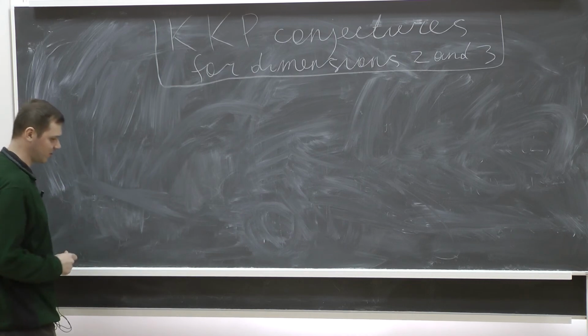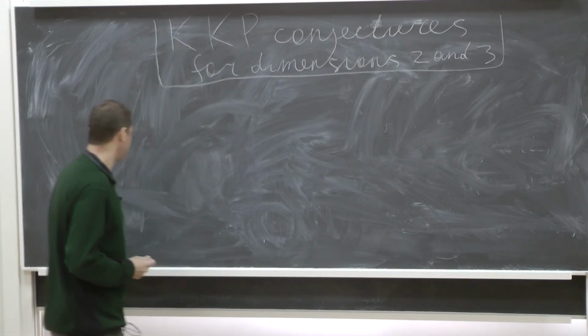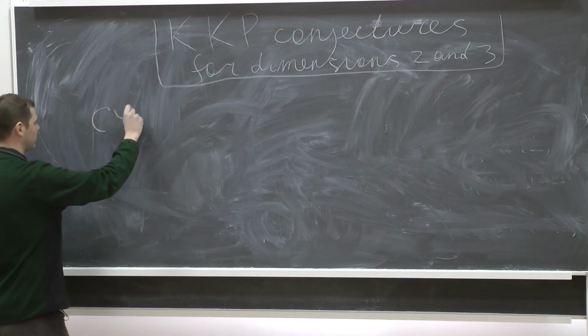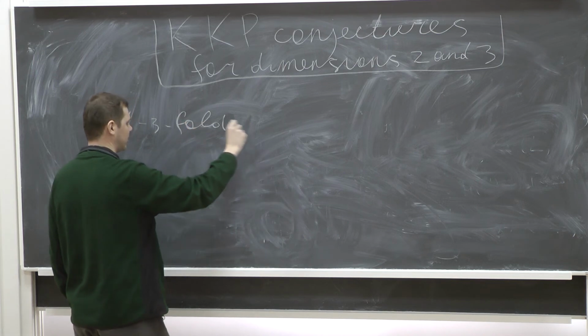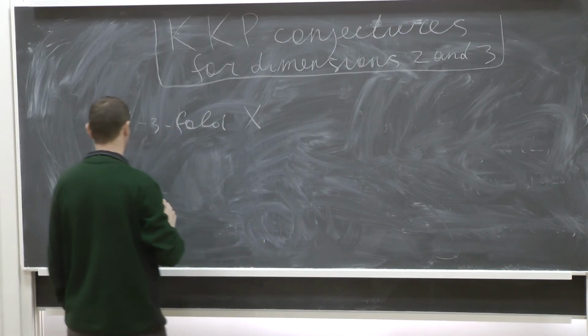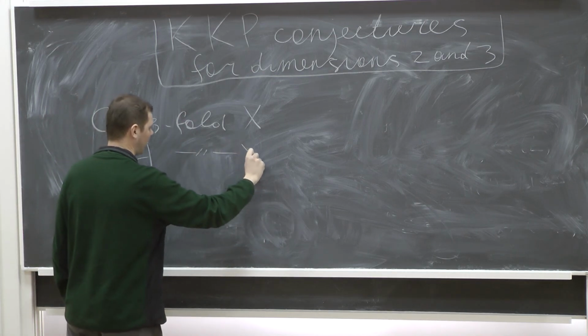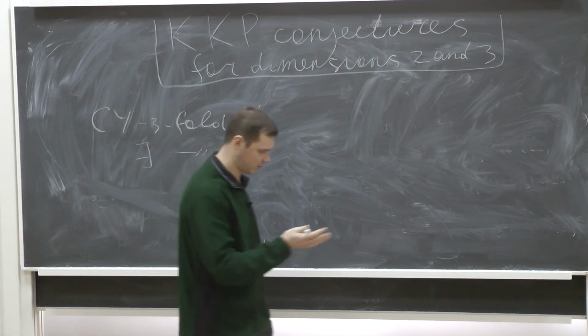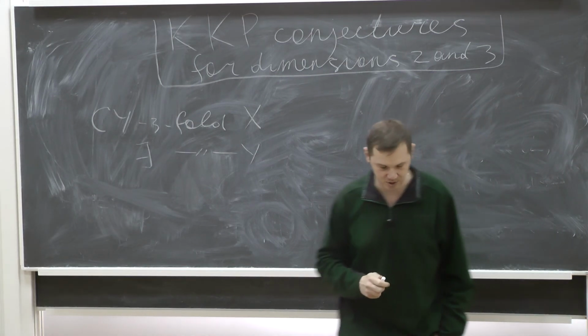From the very beginning, mirror symmetry started from the observation that if we have a Calabi-Yau threefold, say X, there should exist a Calabi-Yau threefold Y, whose Hodge diamonds are obtained from each other by rotating by 90 degrees.